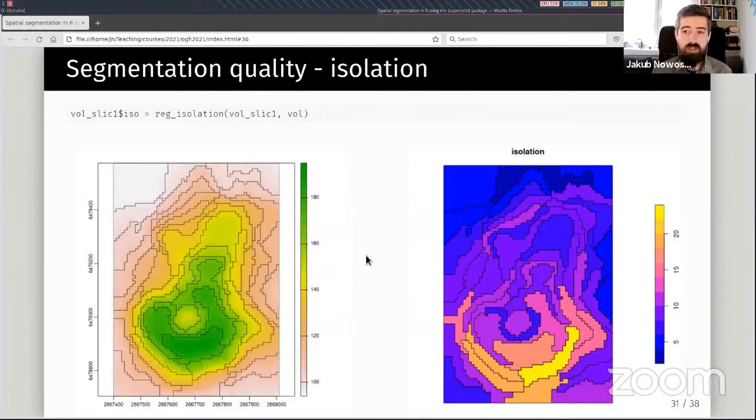And the second parameter is isolation. So isolation stands for how our area stands out from the neighboring areas. And here you can see that this one stands out the most because it's fairly different from, let's say, this one and this one and this one, because it has mid values of elevation.